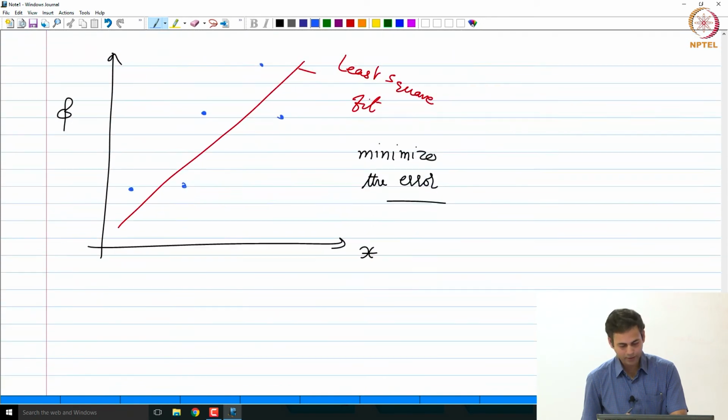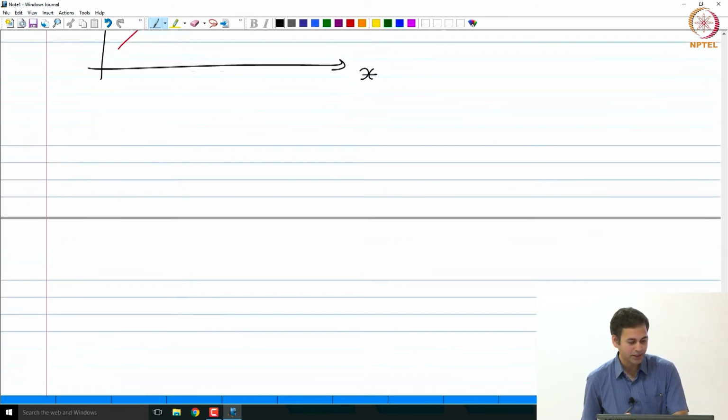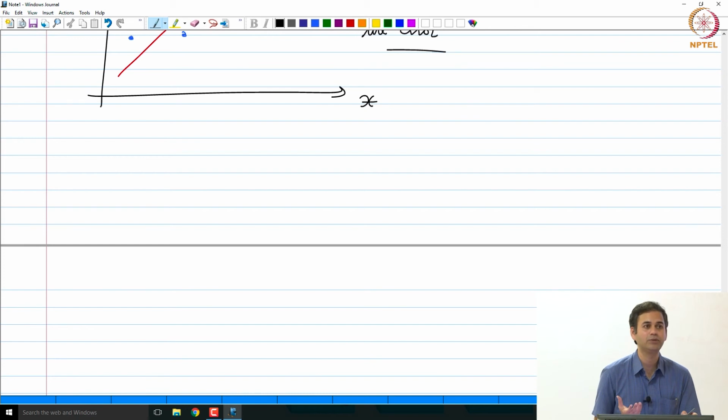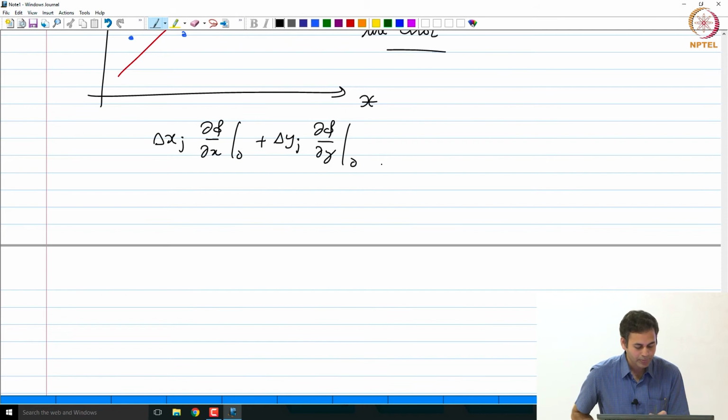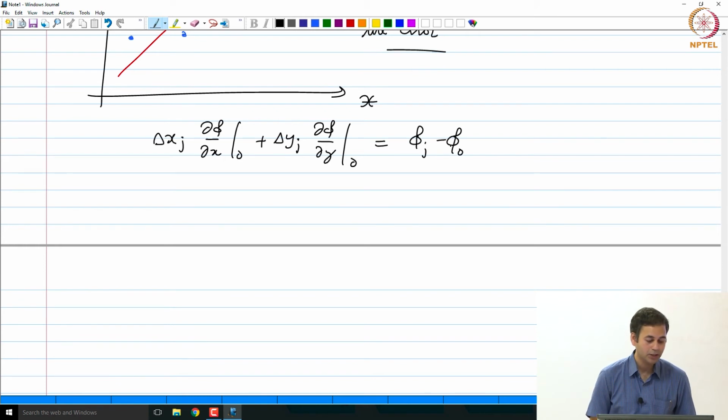All right, let us then move on to what we do in this context. We have to minimize the error, and the equation we are working with is basically delta x j partial phi partial x 0 plus delta y j partial phi partial y 0 equals phi j minus phi 0. That is the equation we are working with. Let us call this equation 1.